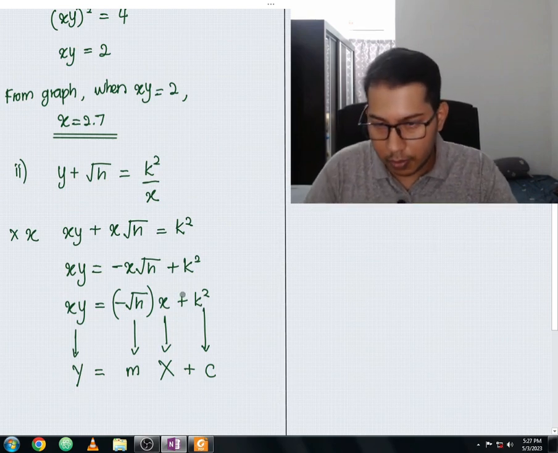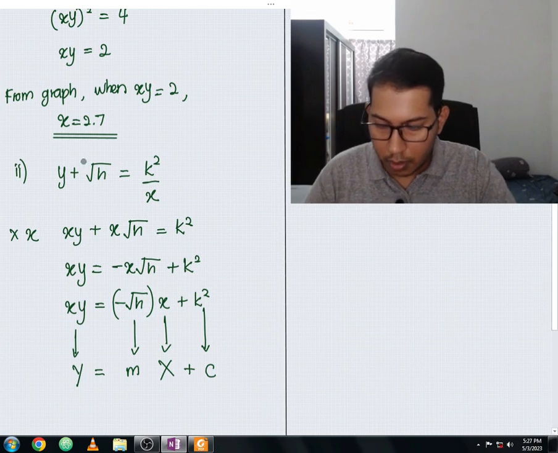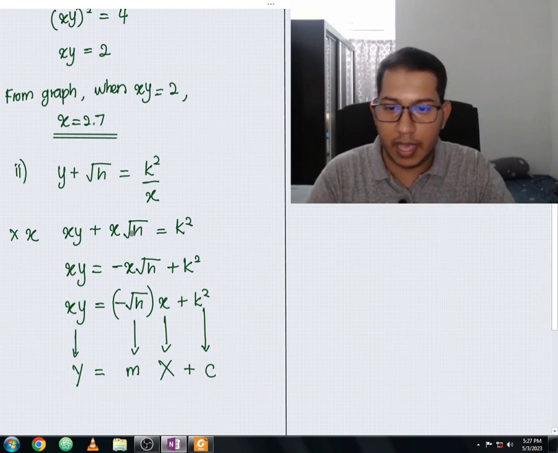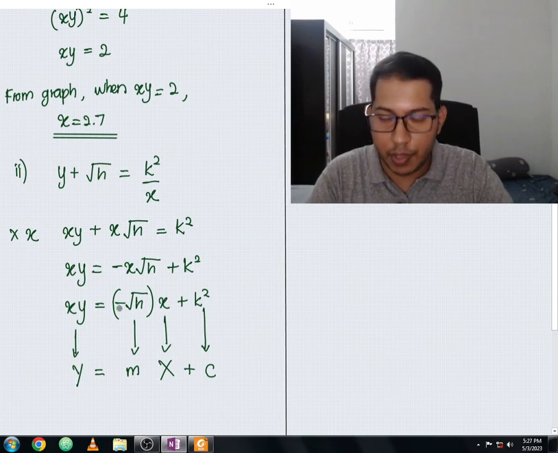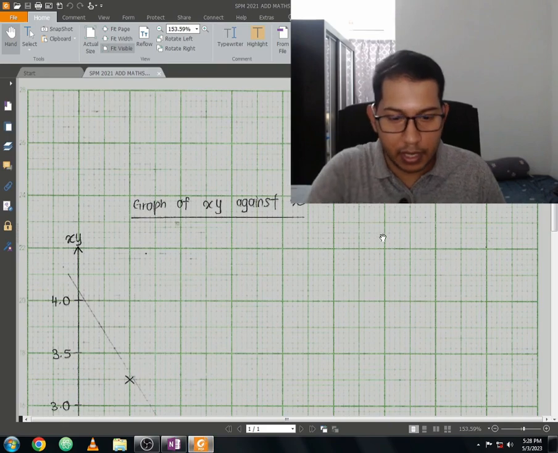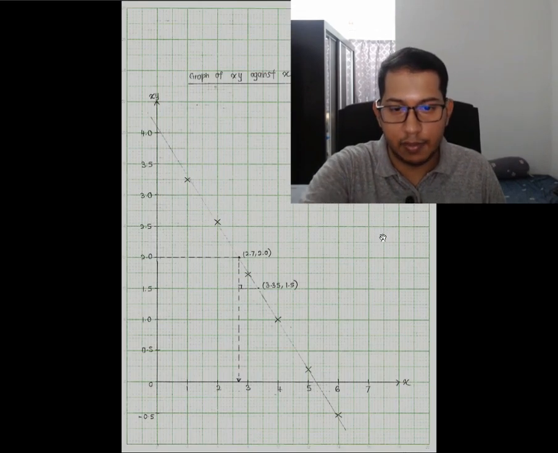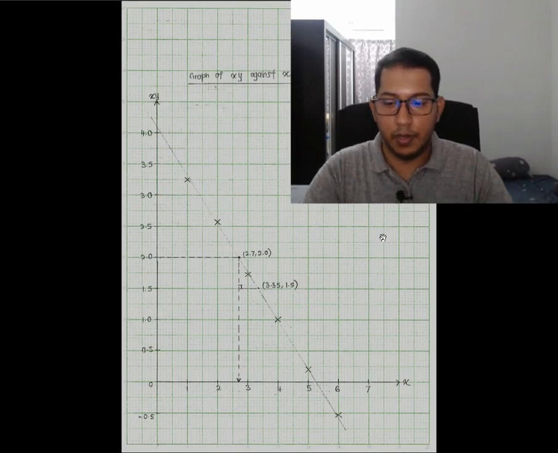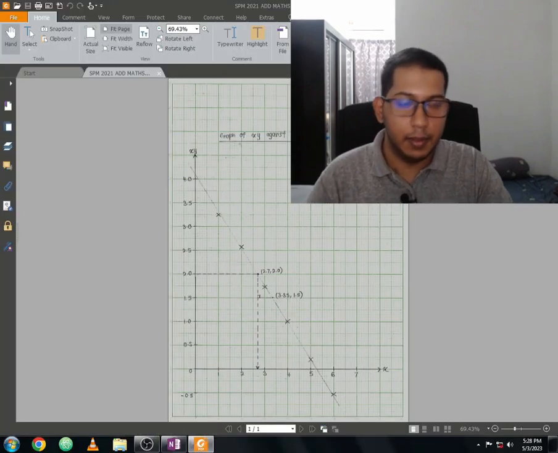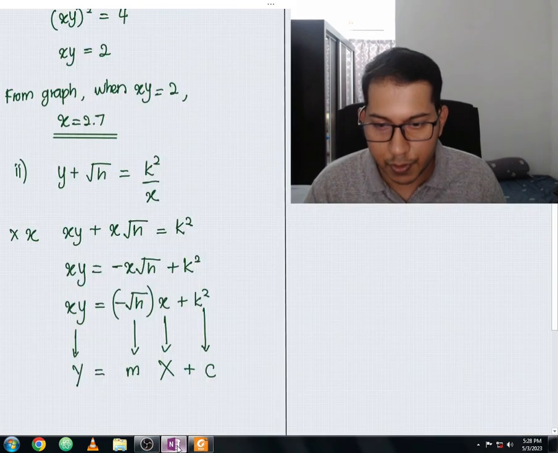Since we have already plotted the graph, we can check here that you have a negative gradient, which proves that you have a negative slope. So it is proven that your xy versus x is correct.